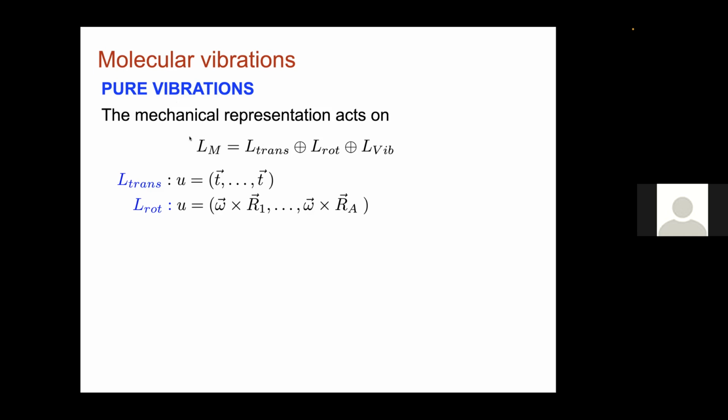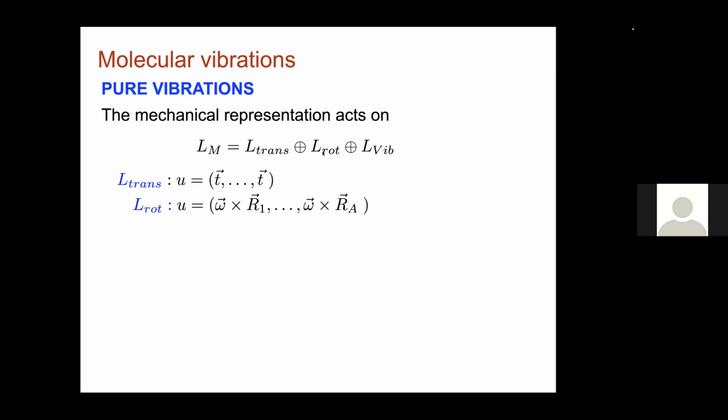So this means that the mechanical representation, which in our case acts on a 15-dimensional space, it means that on this space I can consider 3 subspaces. The space of pure translations. These are very easy. All the U's are equal. The U's for all the atoms are the same. I give the same translation T to all the atoms. This U lives in this space, the space of global translations.